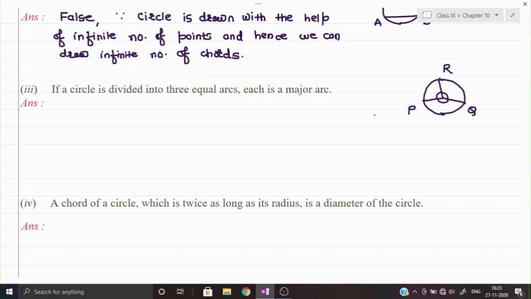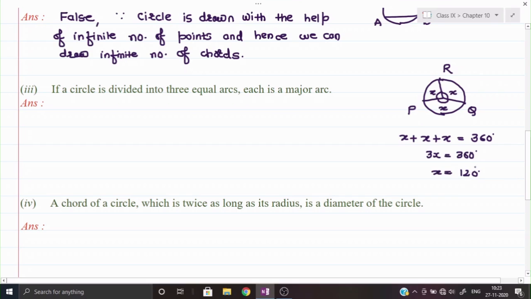So if this angle is x, this angle is also x, and this is also x. All three angles form the complete angle, so their sum will be equal to 360 degrees. So 3x equals 360, and the value of x comes to 120 degrees.